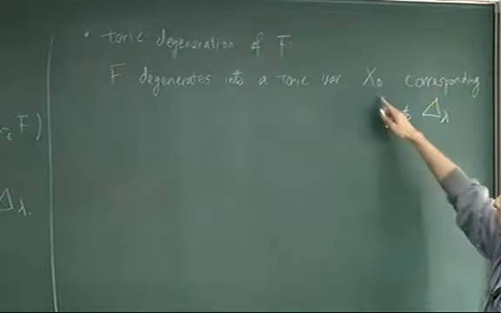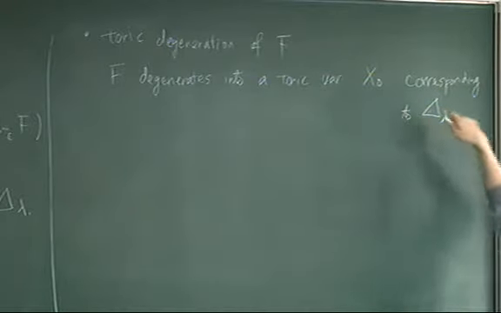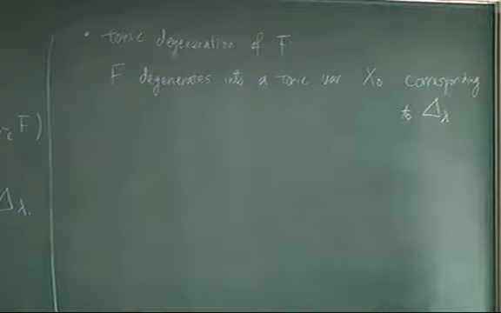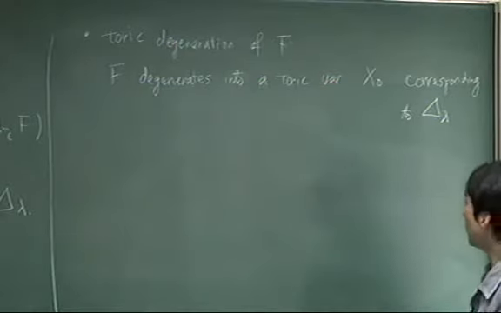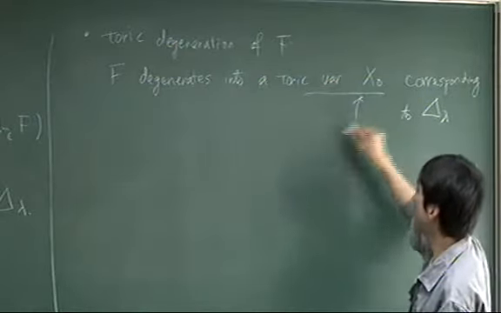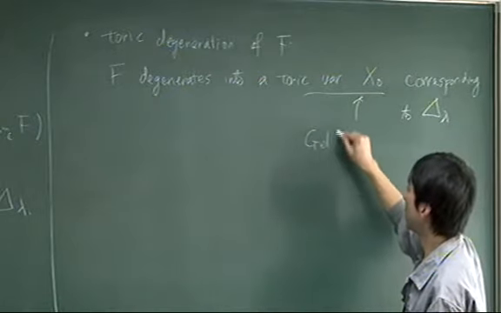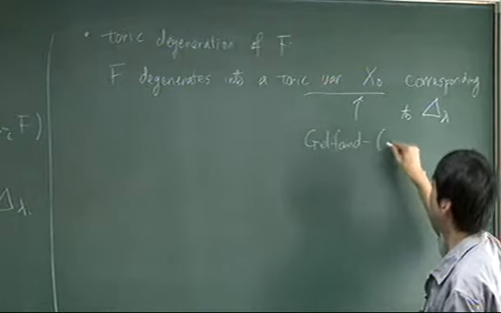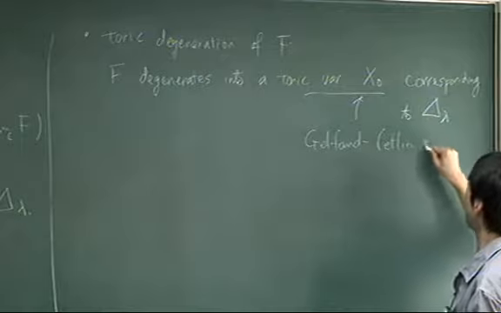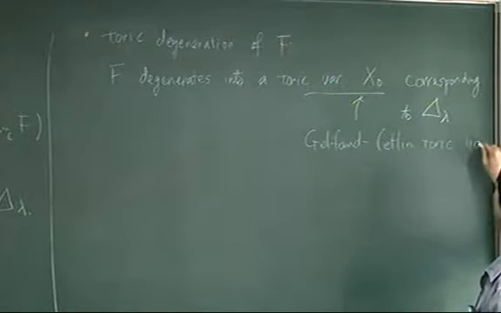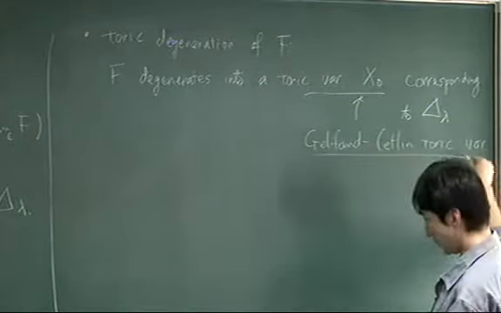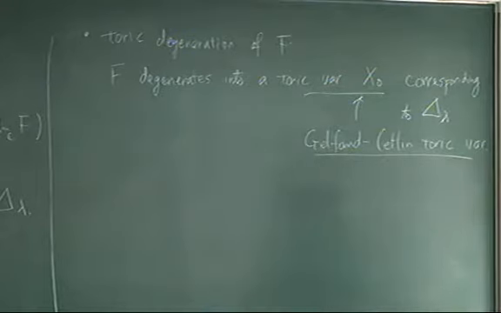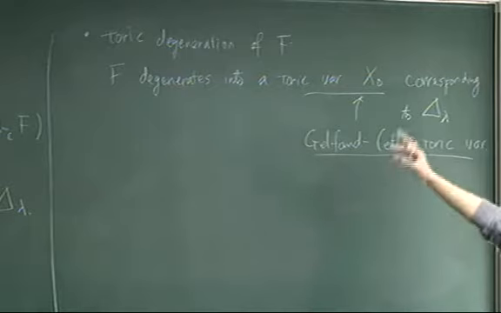So the moment polytope of this toric variety is this Gelfand-Cetlin polytope. We just call this the Gelfand-Cetlin toric variety. So we have these three relations in this case.